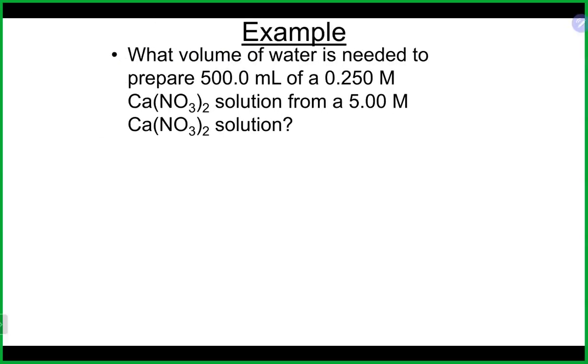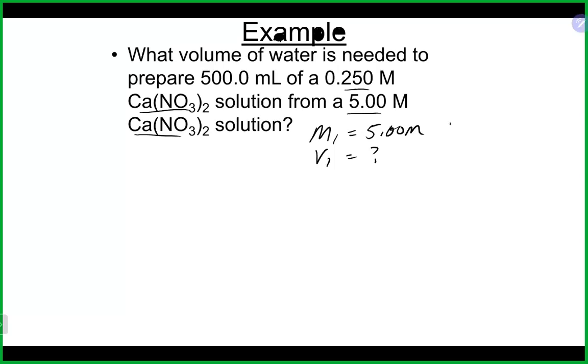What volume of water is needed to prepare 500 milliliters of a 0.25 molar calcium nitrate solution if you had a 5 molar calcium nitrate solution? All right, let's take a look. So again here, calcium nitrate, different concentrations. So dilution is happening here. Again, I'm going to go with the more concentrated one as my M1. Here we do not have V1.